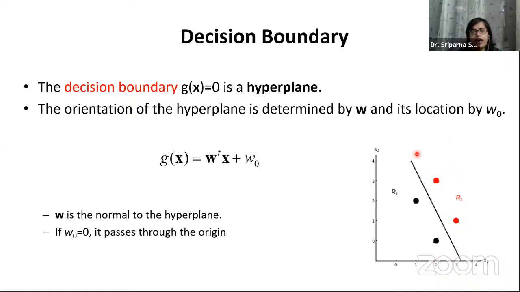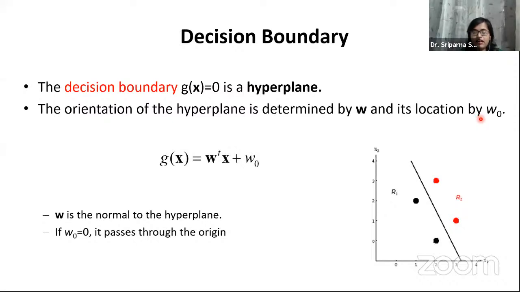We need to discriminate these two classes of data by a decision boundary. The equation for the decision boundary is g(x) equal to 0, and this is our current hyperplane. The orientation of the hyperplane will be determined by w. This is the w, right?